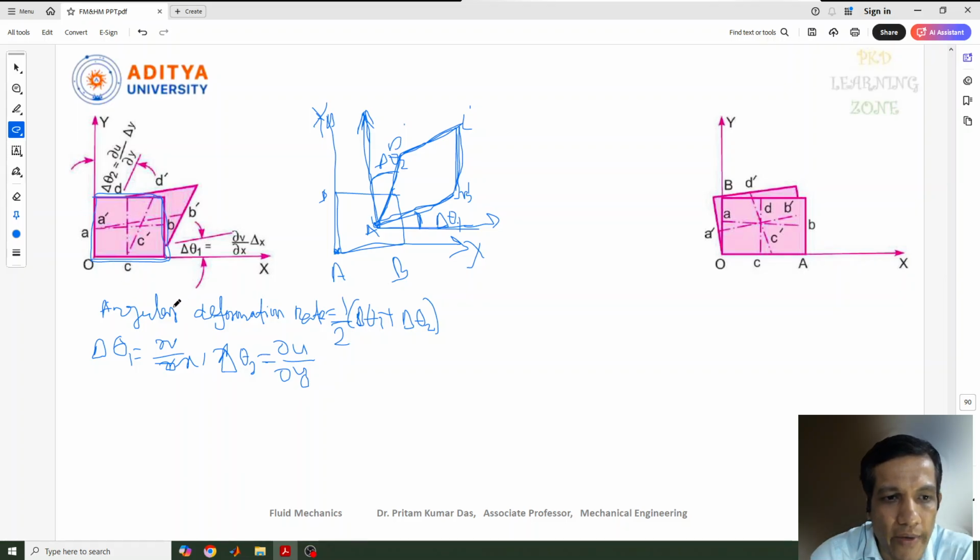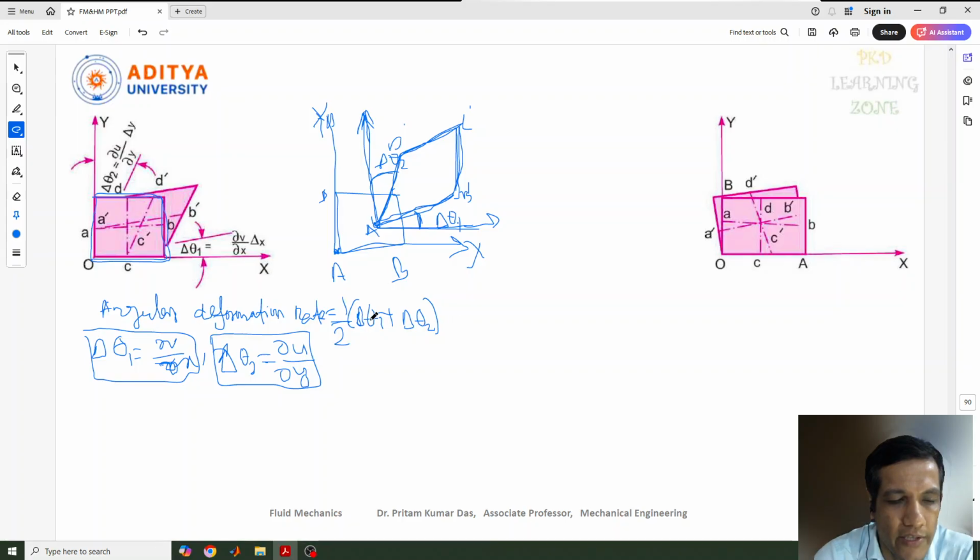Here we consider the velocity moving in the x direction and the velocity moving in the y direction. So delta theta 1 equals del v by del x and delta theta 2 equals del u by del y. So u and v are the velocities, and x and y are the directions of this fluid. Again, if you want to write the deformation rate, we can write it in this way.